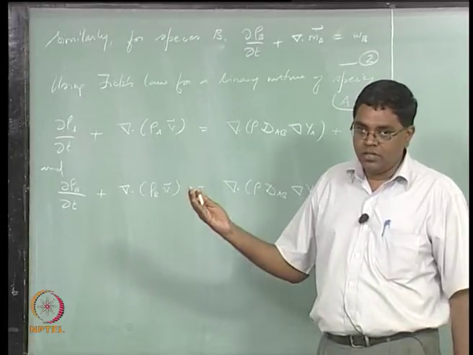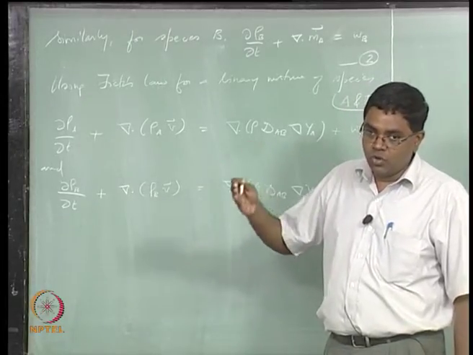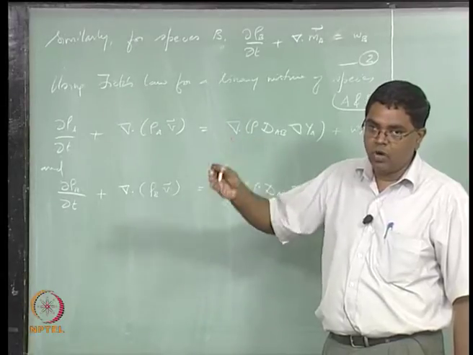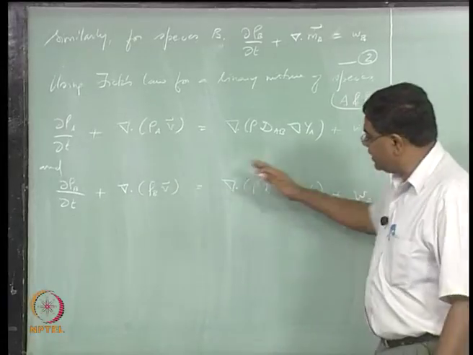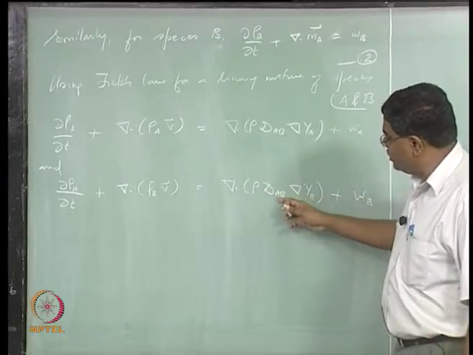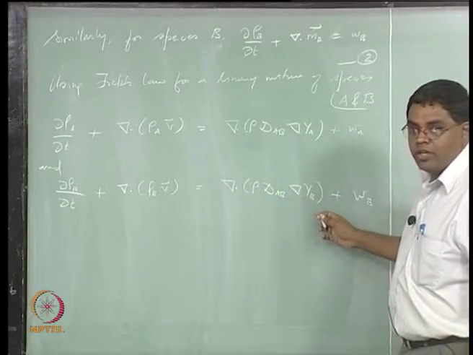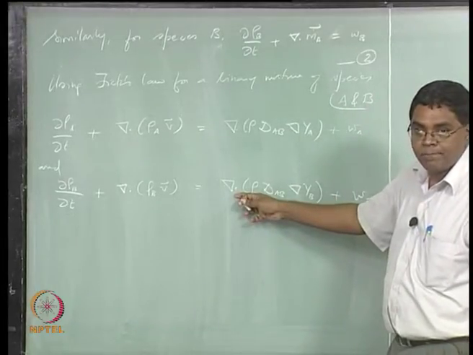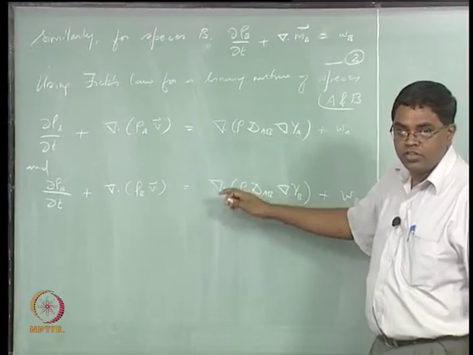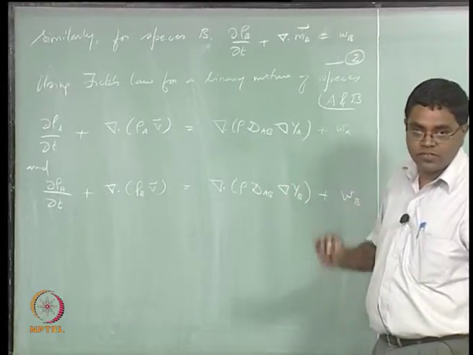For JB we had a negative rho DAB gradient YB. You take it to the right hand side, so you now have a rho DAB gradient YB. We already had a divergence, so we have the same thing outside. This is how we have got these two equations.